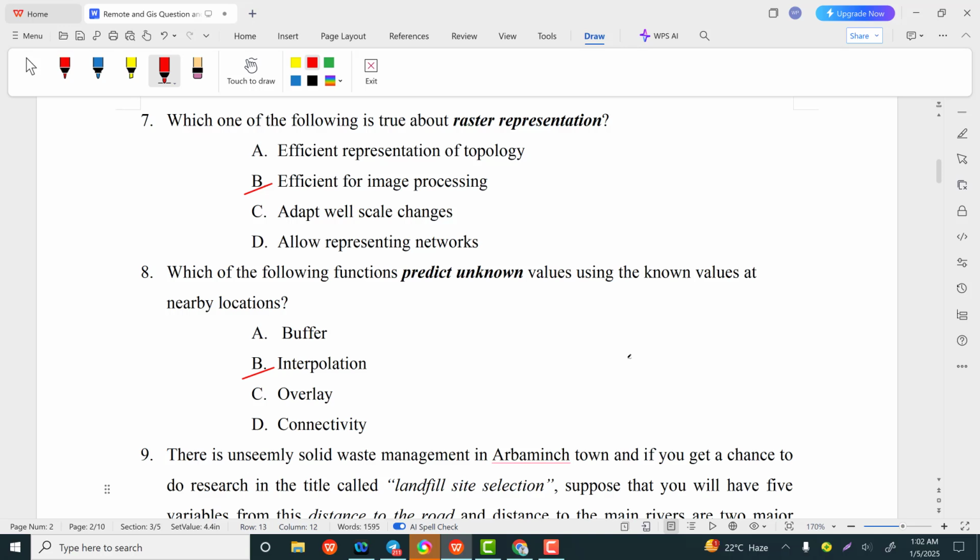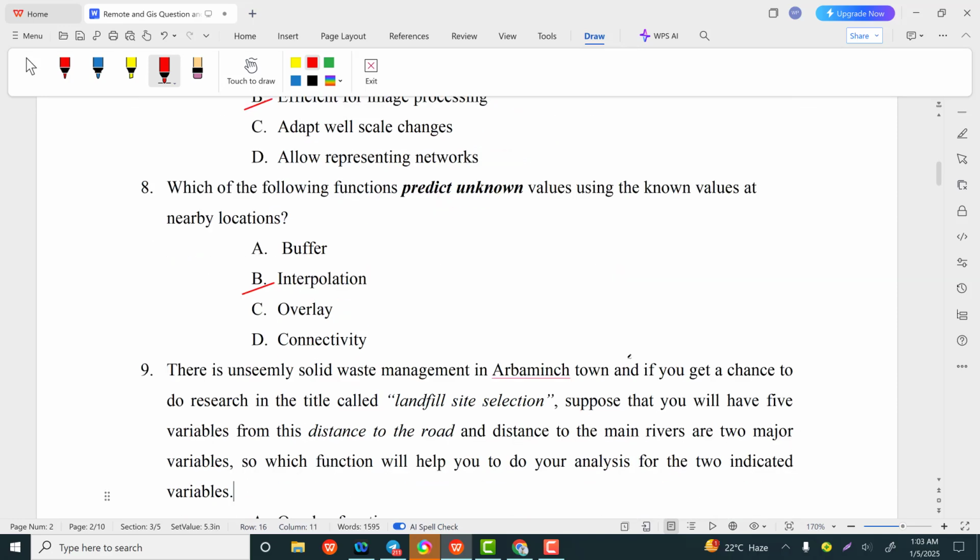As you know, the first law of geography, explained by Tobler, is that nearer objects are more similar. So to predict unknown values, we can use the known values around that point. So the answer is interpolation.